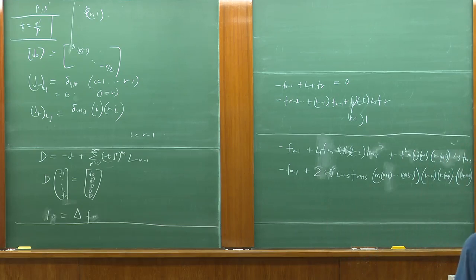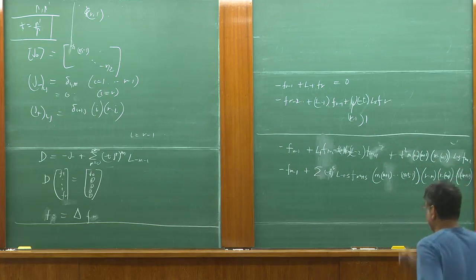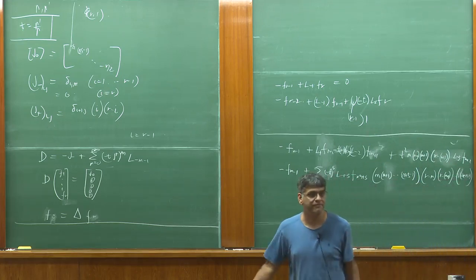It just keeps going until f0, that highest guy, which is r levels higher than fr. So the way it works out.